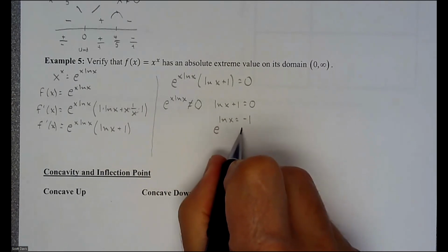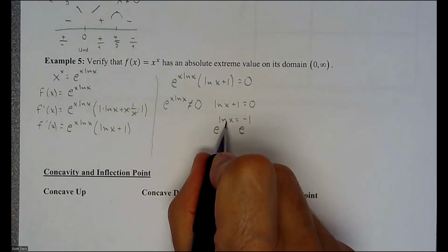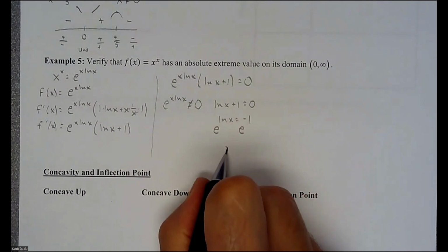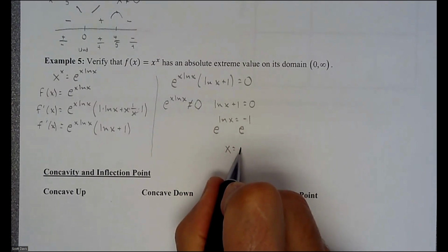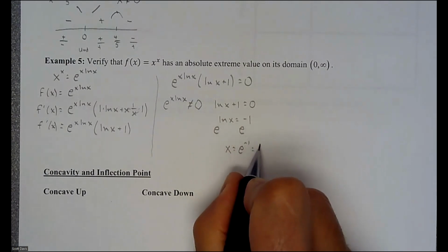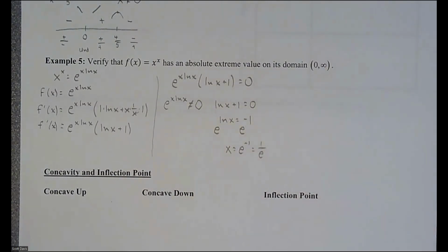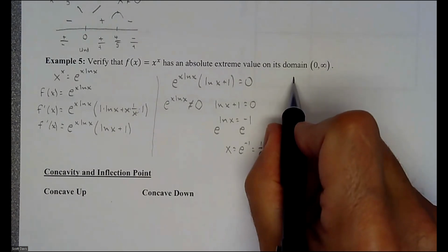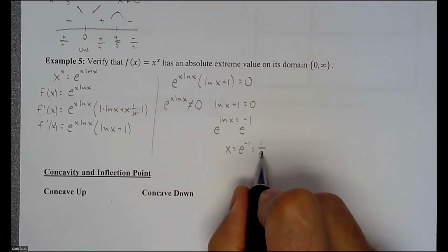Because as long as this base matches this base on the log, it's just going to turn into x. And then we're going to get e to the -1, which is 1 over e.